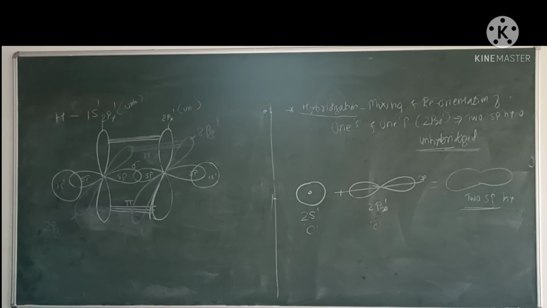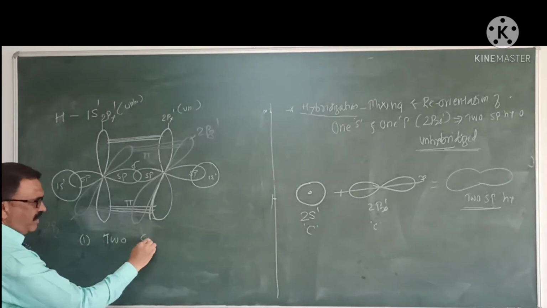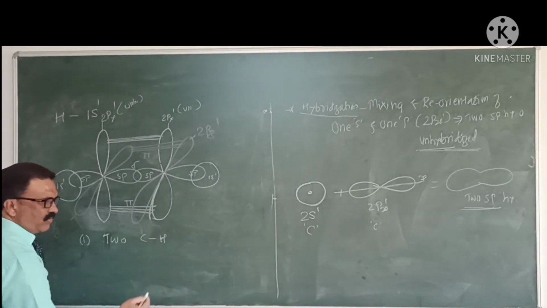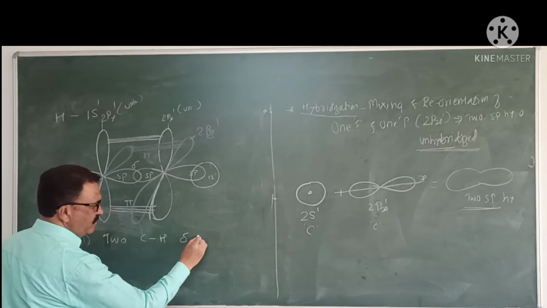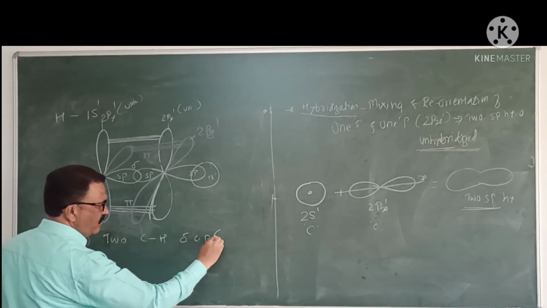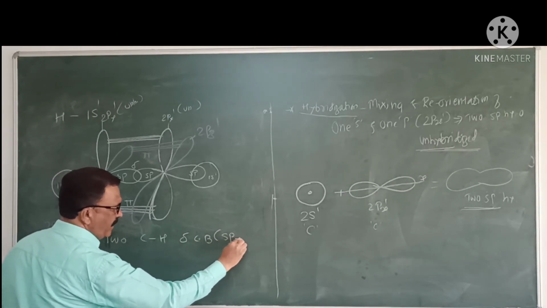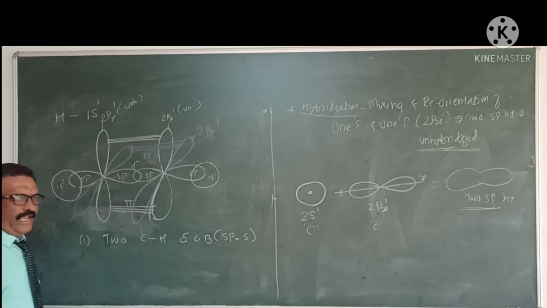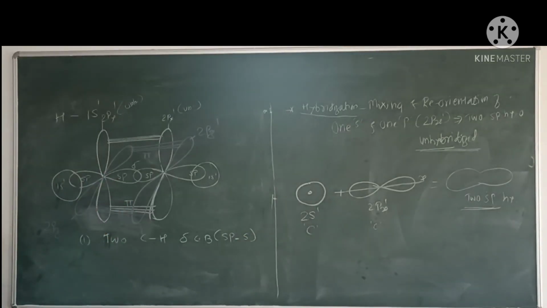Okay, hence in the acetylene molecule there are 2 carbon-hydrogen sigma covalent bonds formed by sp and s overlapping.